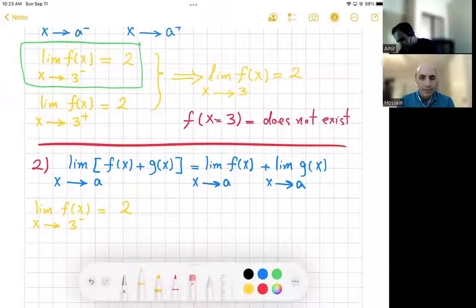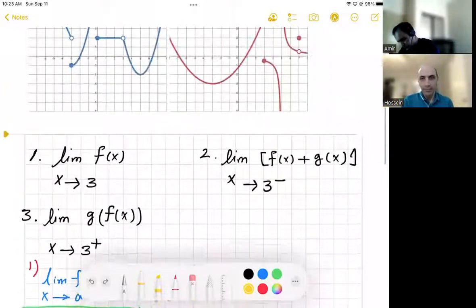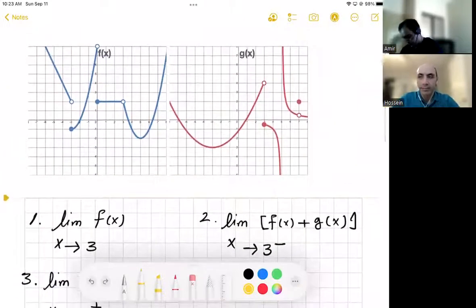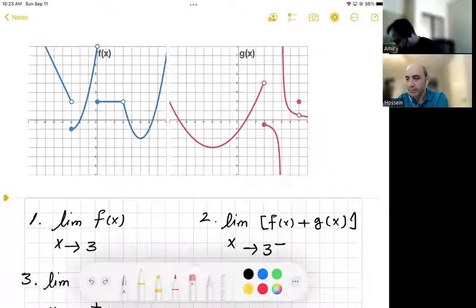Also, the limit of g of x. g of x is the graph on the right side. When it approaches 3 from the left side, it's going to be 4. I read 4. It's interesting. This function is not continuous at 3.